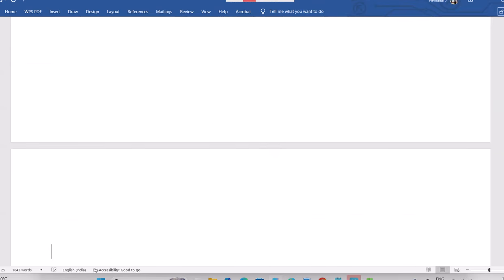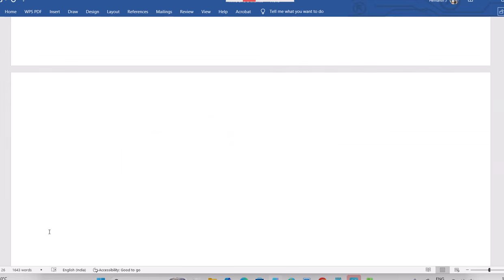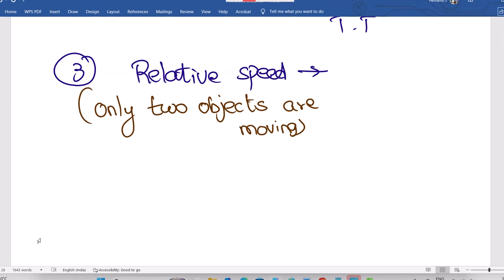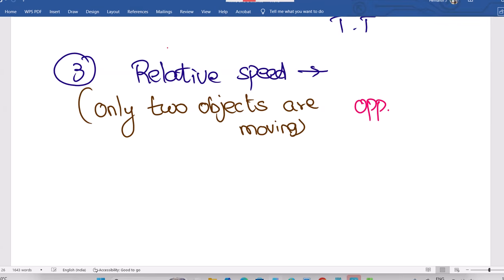As per the relative speed concept, if two objects are moving in opposite direction or in the same direction, speeds will be added or subtracted.